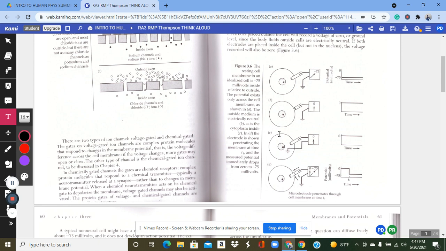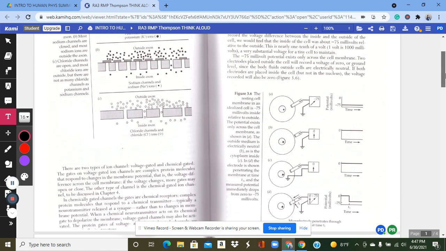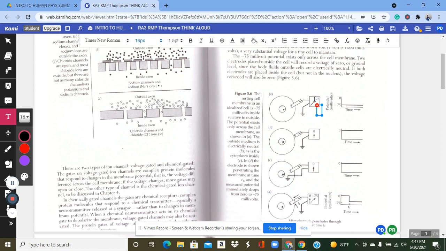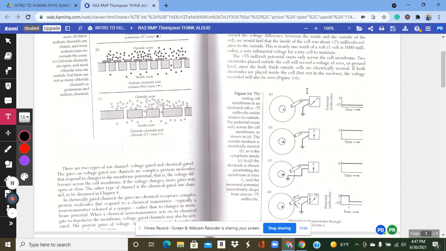The potential exists only across the cell membrane, as shown in figure A. I could definitely see here how the negative 75 millivolts is on the inside compared to the outside.